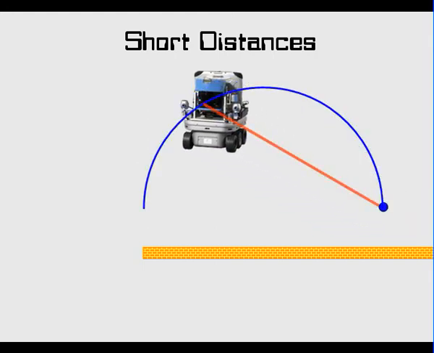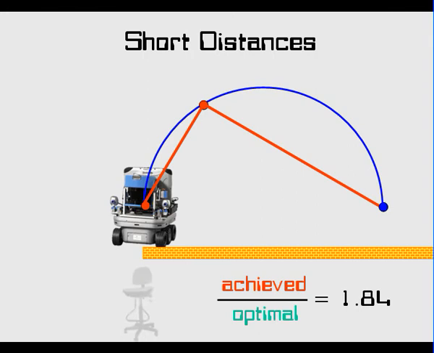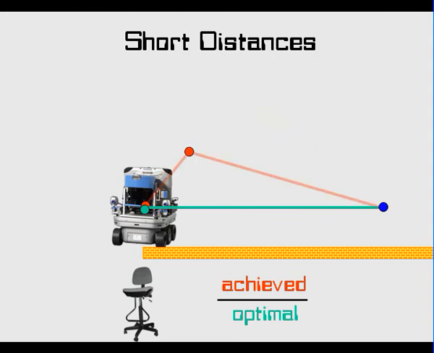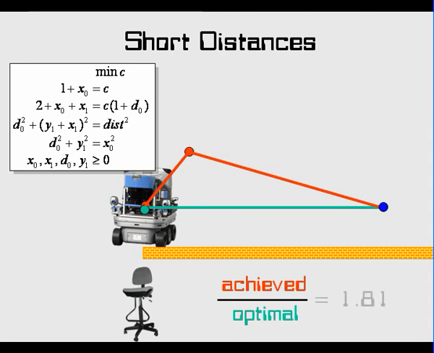By considering a point on the semicircle and balancing the respective ratios, we get a competitive ratio of 1.84. Considering any intermediate position leads to a more complex nonlinear optimization problem. The optimal ratio is 1.81, only slightly better.